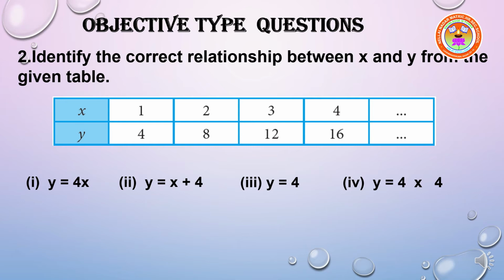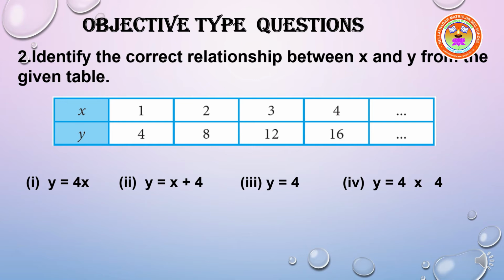Now, in order to find the correct relationship between x and y, we are going to take the x value and substitute it in any one of the options, and we are going to see whether we get the corresponding y value. So first let us take the first option, y is equal to 4x.